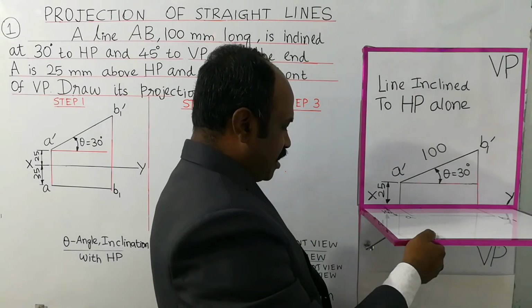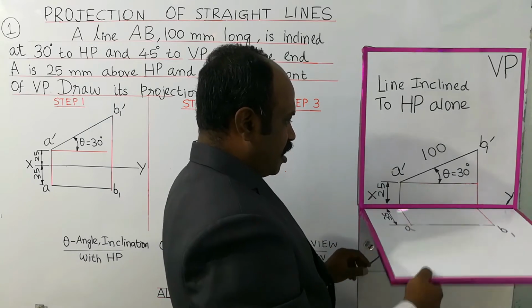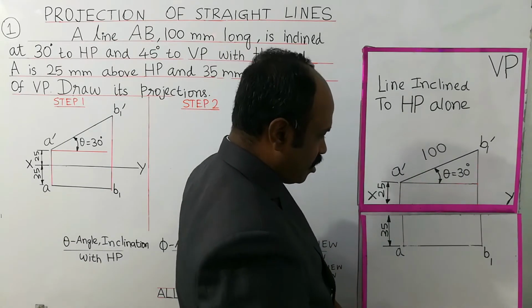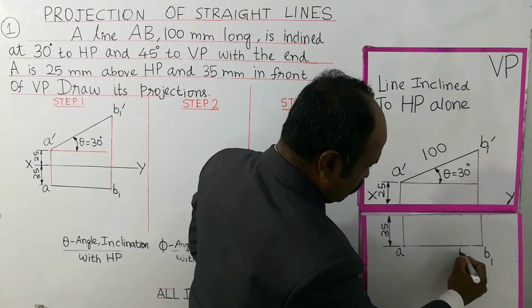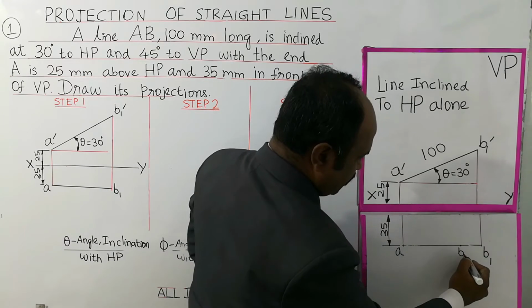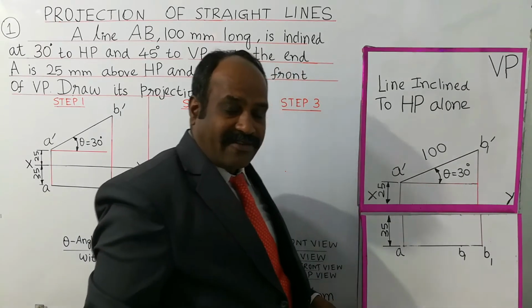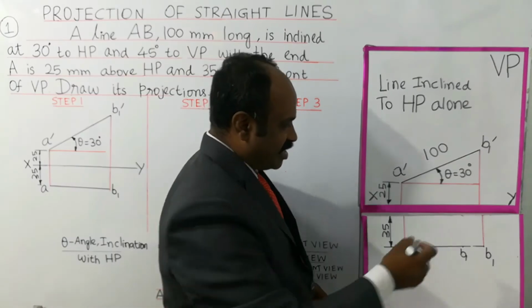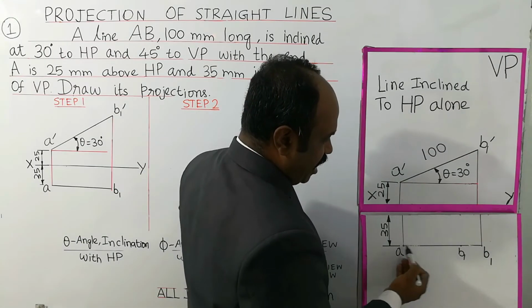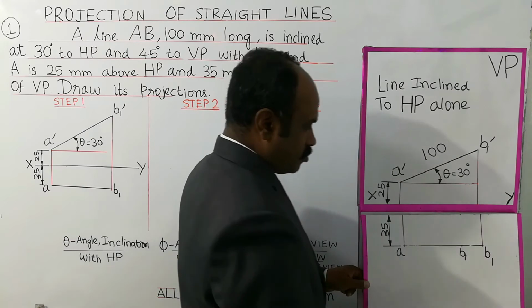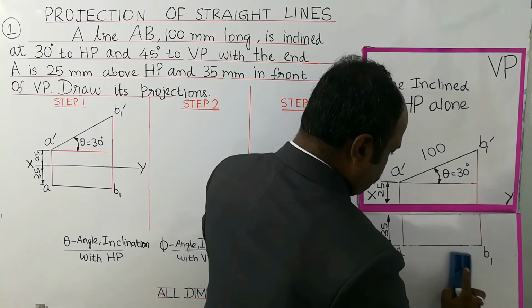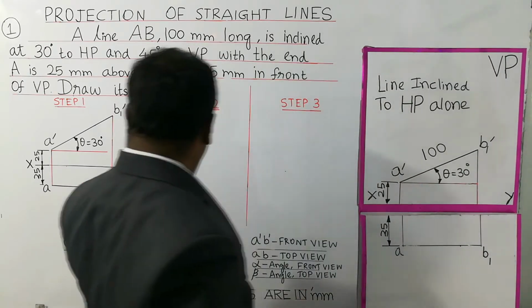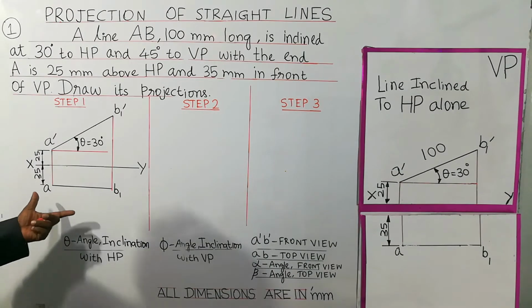That can be indicated in the top view as B suffix 1. Whereas here the angle of inclination theta is 30 degree, and the corresponding top view will be AB1, indicated. So this is step number 1.